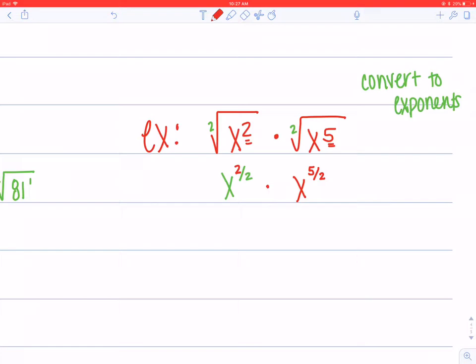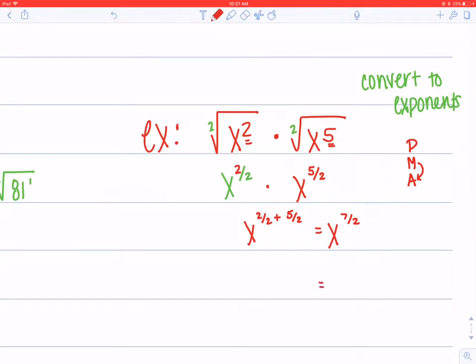Now I have two bases being multiplied, so that PIMA that I referenced in class and on the last video says that if you have two bases being multiplied, you're going to add the exponents. So I'm adding them in the exponent. They already have like bases, so I can go ahead and combine them and leave it as x to the 7 over 2.